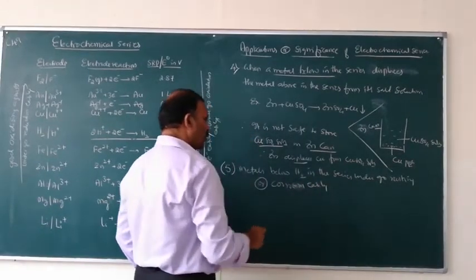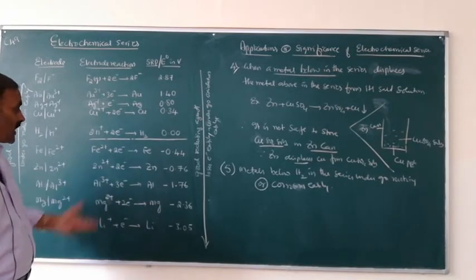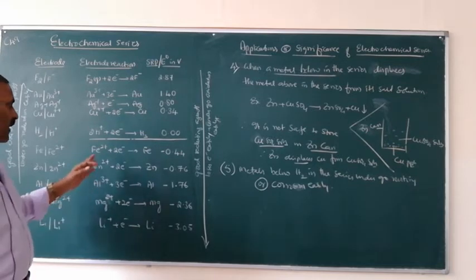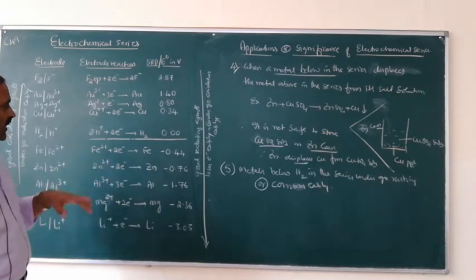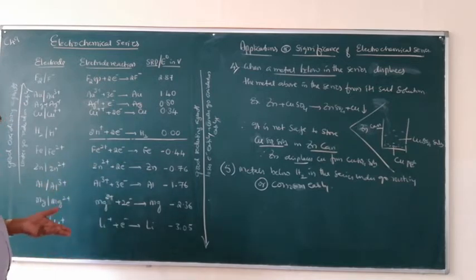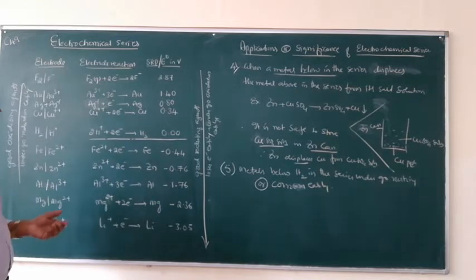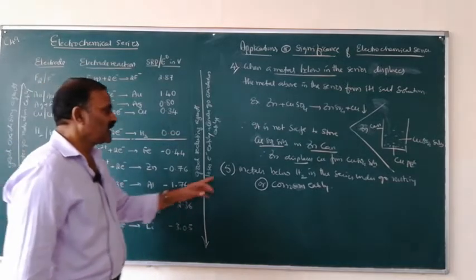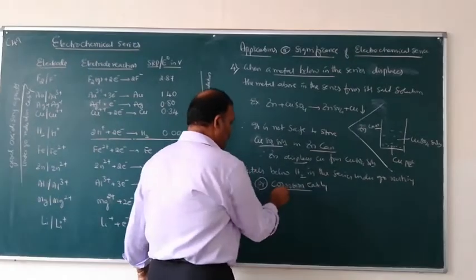Why do they undergo corrosion easily? Because the metals below hydrogen undergo oxidation easily. When they undergo oxidation easily, metal atoms are converted into metal ions. Then these metal ions react with constituents of the environment and go out in the form of metallic compounds, and therefore rusting or corrosion takes place. Metals below hydrogen in the series undergo rusting or corrosion easily.